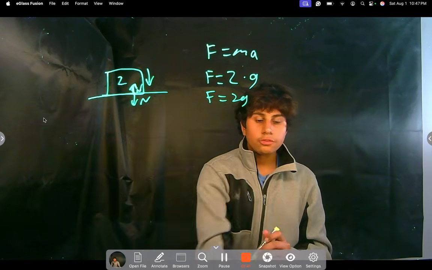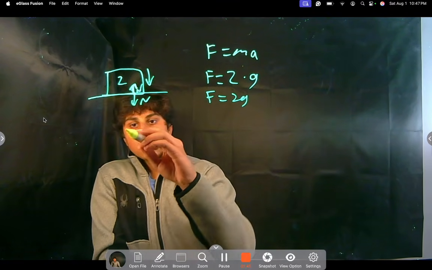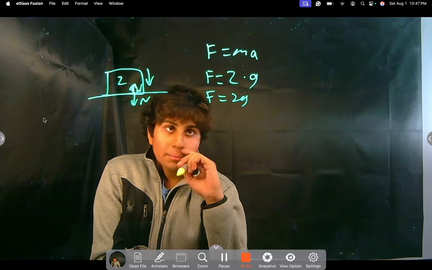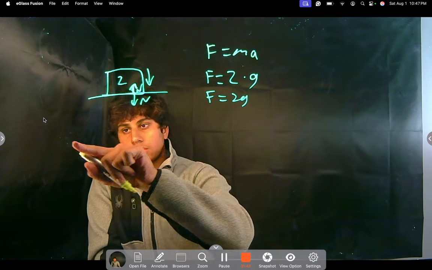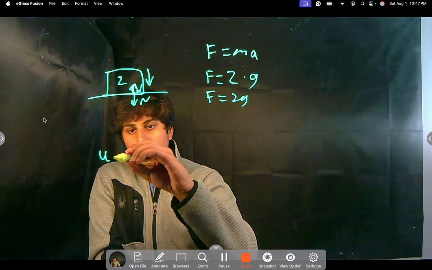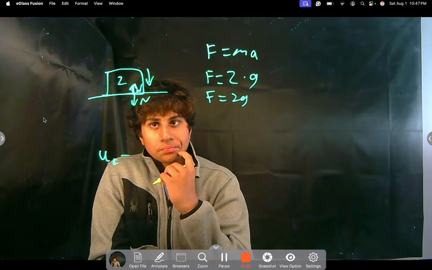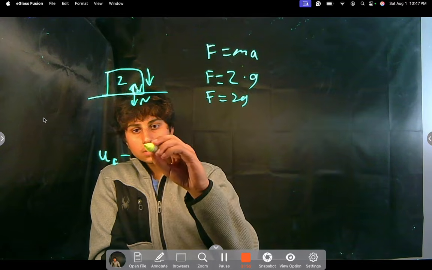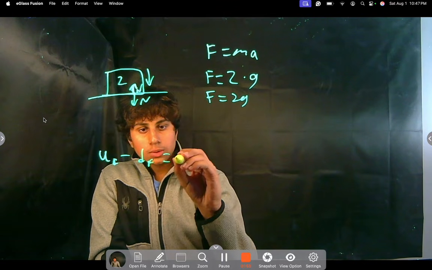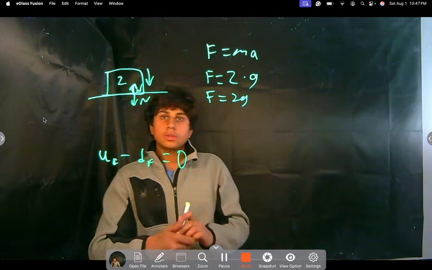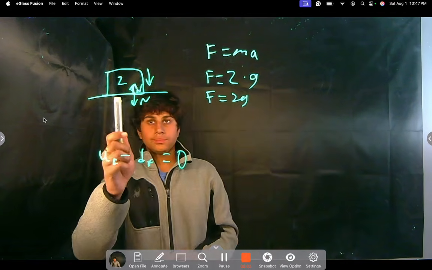Now, if you want to find the net force, we're going to write it in the form upward force, which we can call U sub F, minus downward force equals 0 in this case, because the book is not moving.